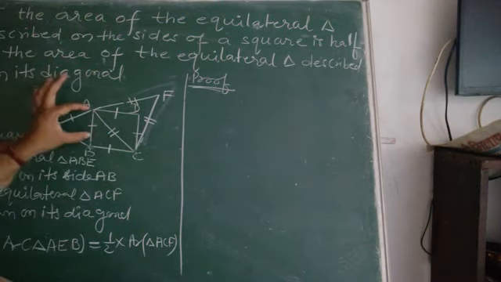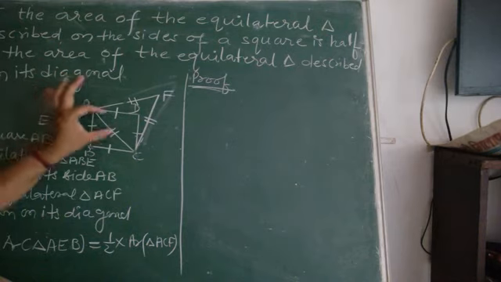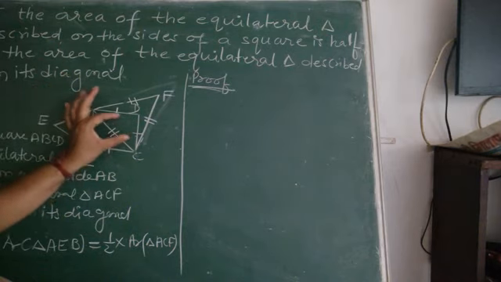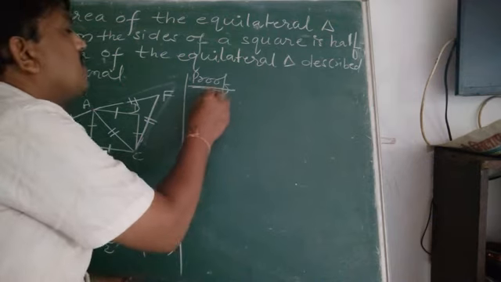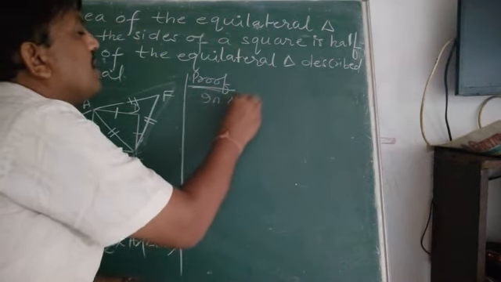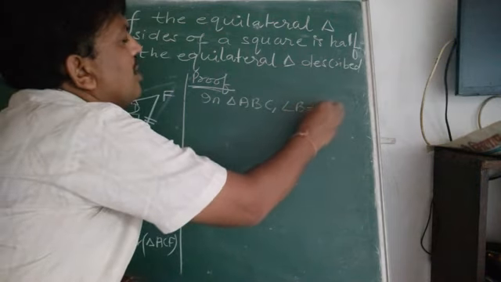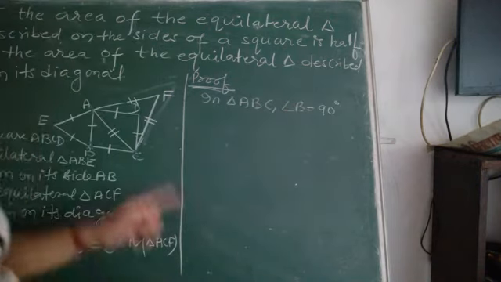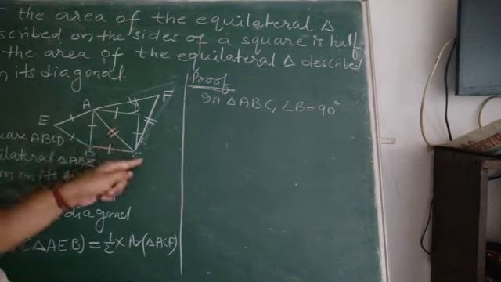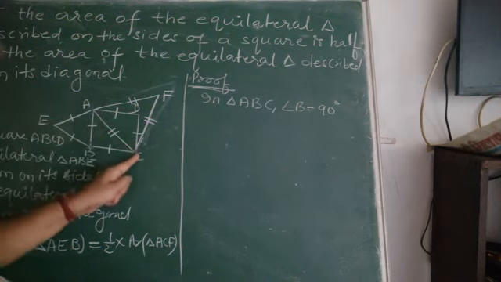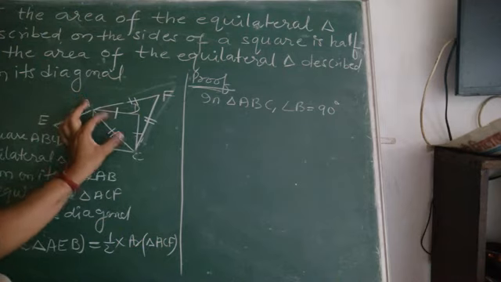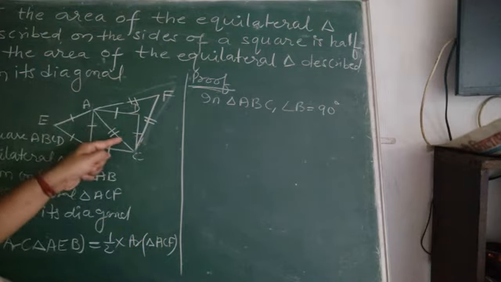So first of all, we should find the relation between the side and diagonal. Okay, children. So let's take triangle ABC. In triangle ABC, angle B is equal to 90 degrees. Let's find the diagonal first, because the diagonal is the side of this equilateral triangle. If the diagonal is known, we can find the area of this triangle.